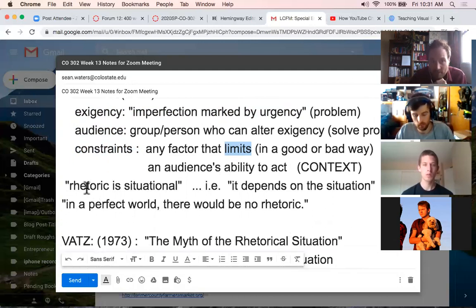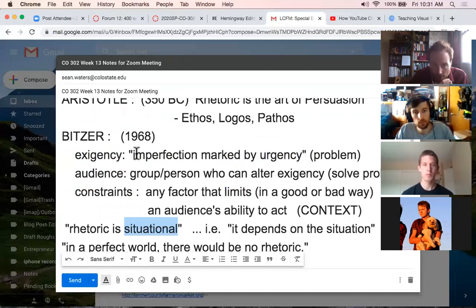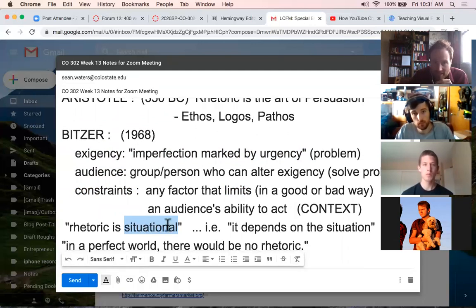And that if we're going to argue effectively, we have to understand a situation.